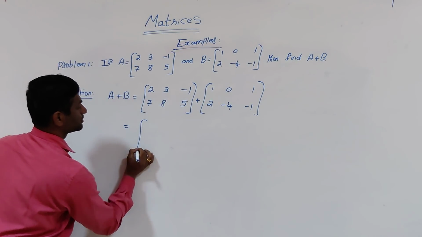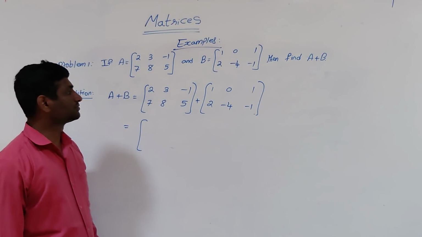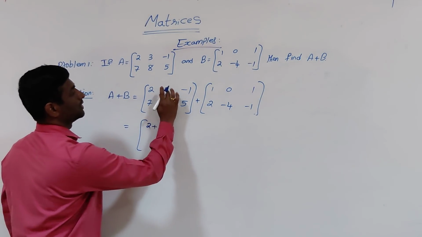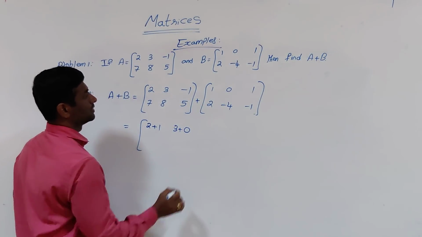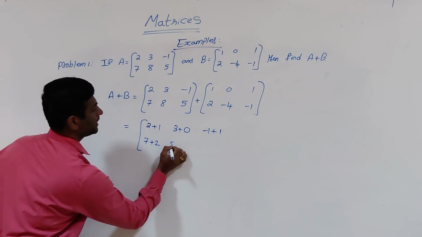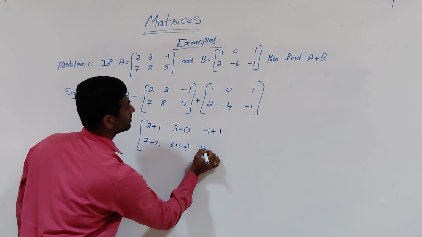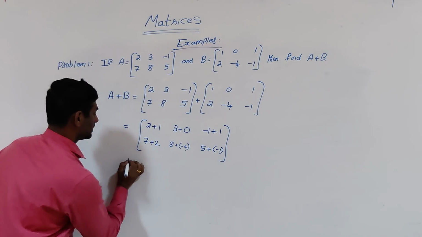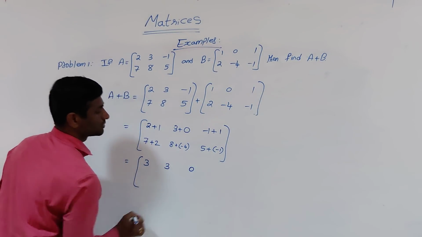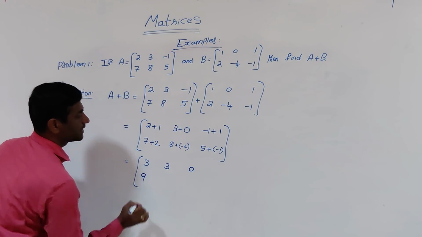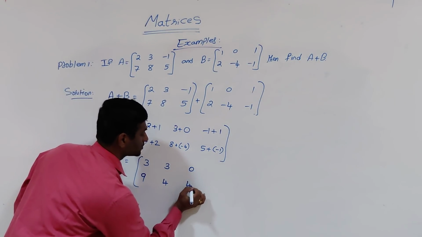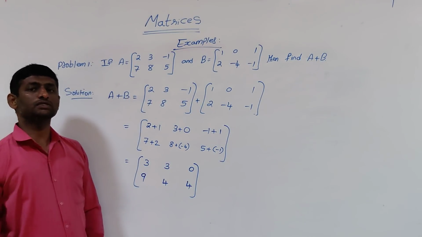It is a simple calculation: adding the corresponding elements of the two matrices. 2 plus 1 is 3, 3 plus 0 is 3, minus 1 plus 1 is 0, 7 plus 2 is 9, 8 plus minus 4 is 4, 5 plus minus 1 is also 4. So this gives a new matrix of the same size, 2 by 3.